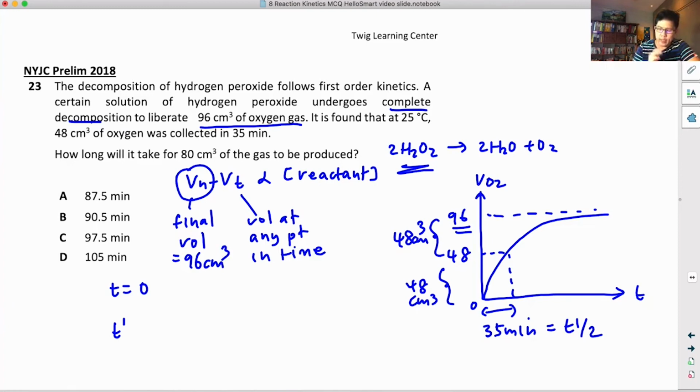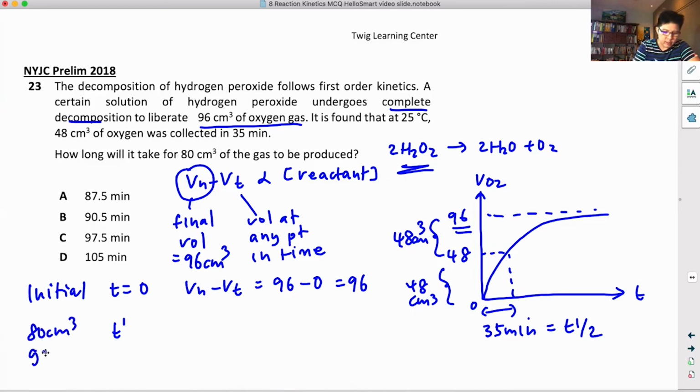At time equals 0, no gas evolved, so Vn minus Vt is equal to 96 minus 0, which is 96. So this is the initial. This is when 80 cm3 of gas evolves.